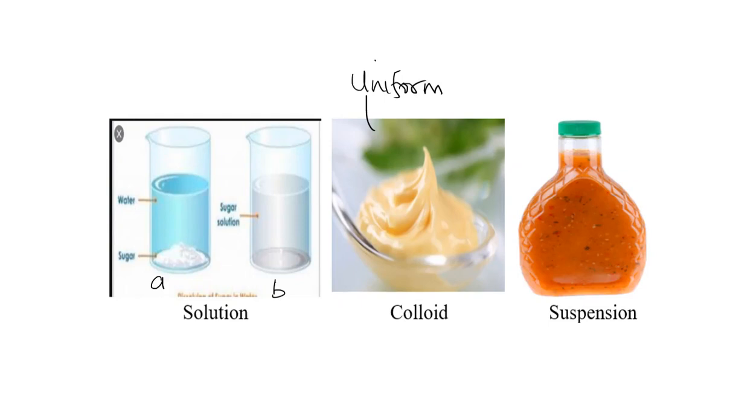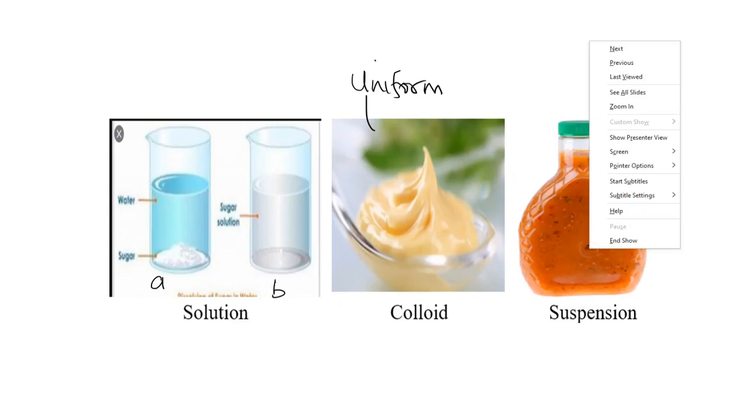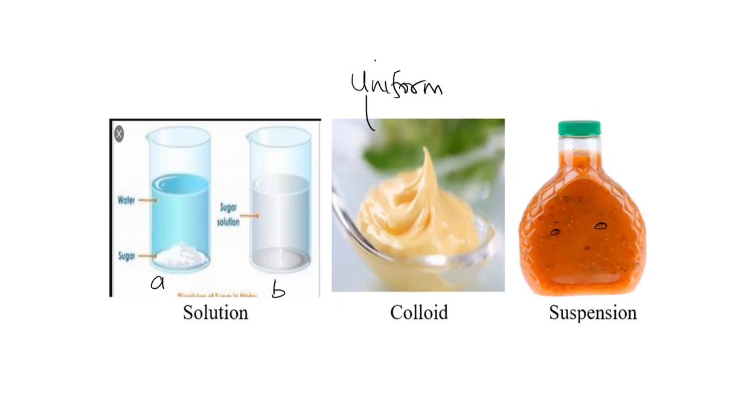Everything is uniform, but it doesn't look like a solution. In a suspension here, you can see these black spots. You can see the red spots. You can see different spots here.